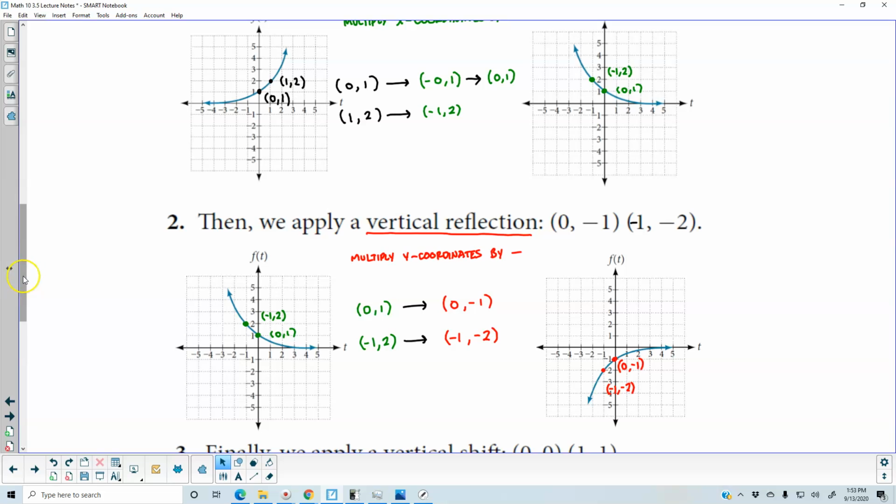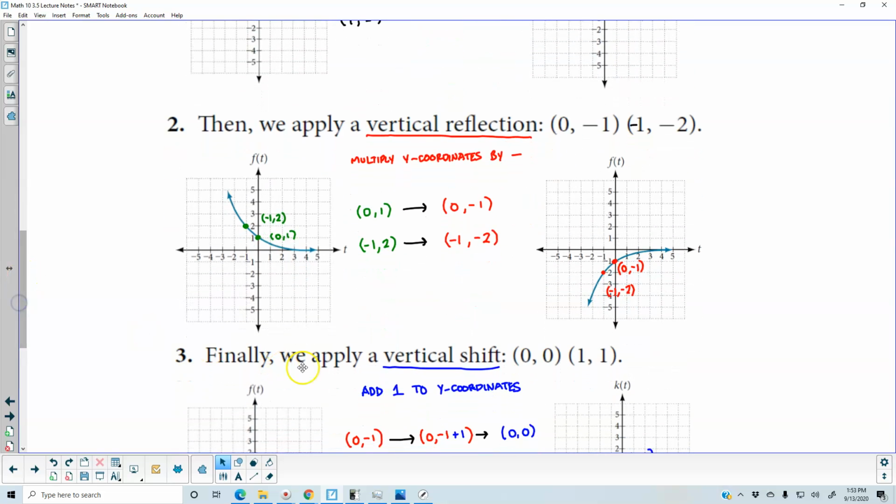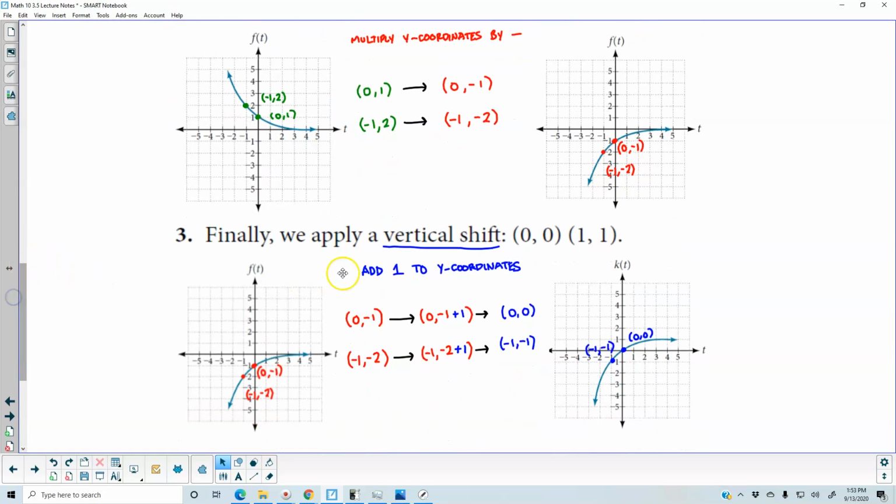Now we have one more left to do. Finally, we have to apply a vertical shift. So what does that mean? Well, that means we have to add 1 to the y-coordinates because it's plus 1. We take our ordered pairs, (0, -1), and add 1 to the y-coordinate. Negative 1 plus 1 gives us 0, so we have (0, 0). And over here, we add 1 to the y-coordinate.